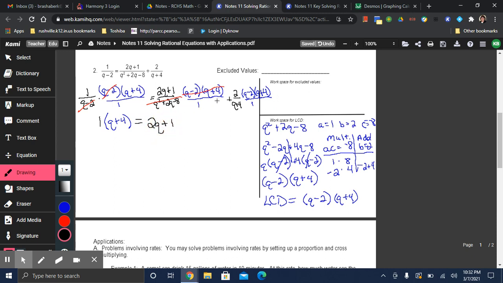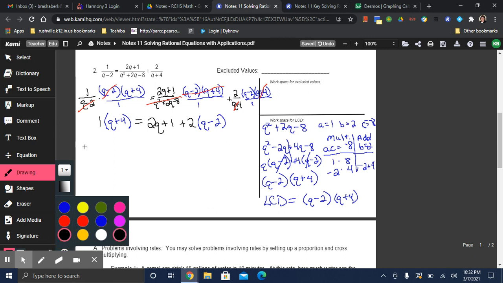And then plus, finally, we have the q plus 4 canceling, so we'll have a 2 that will distribute to q minus 2.